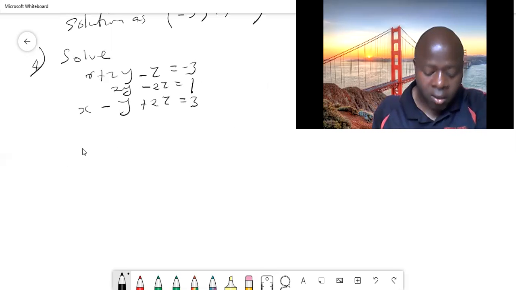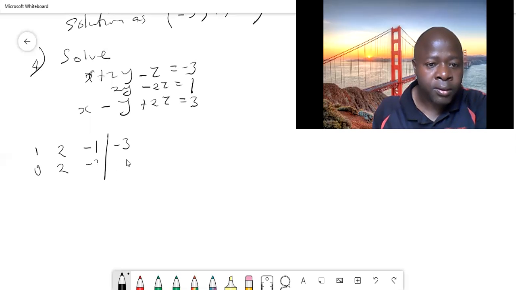We extract our augmented matrix. So the augmented matrix will be 1, 2, negative 1, then negative 3; 0, 2, negative 2, then 1; 1, negative 1, 2, 3.